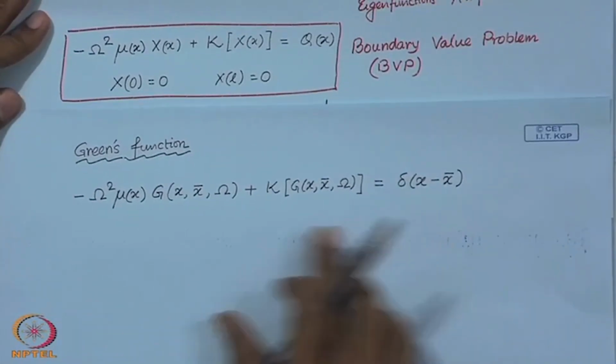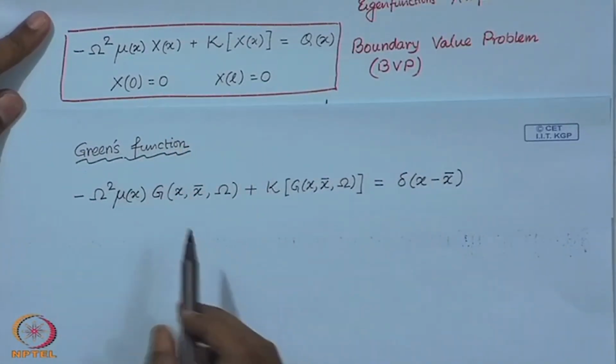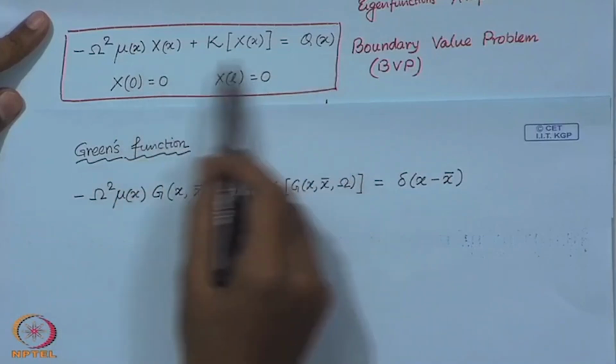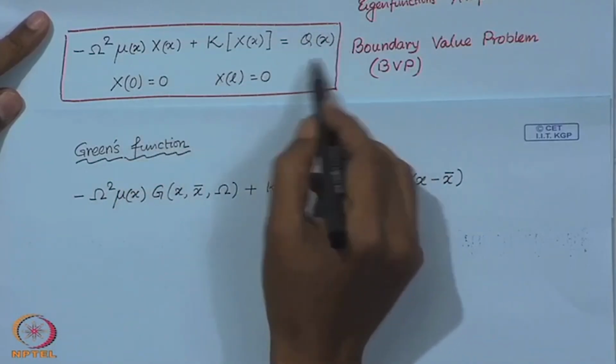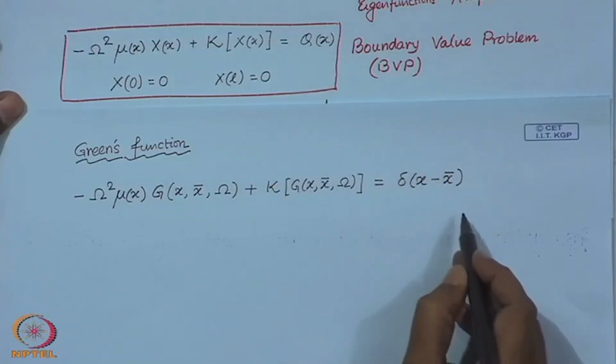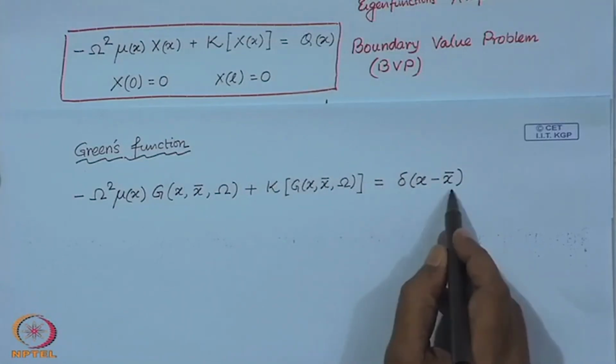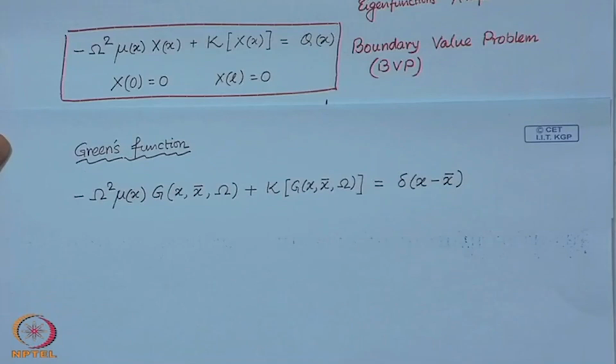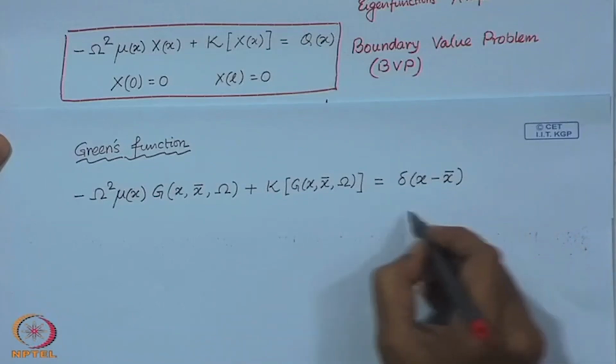So, the Green's function is a solution of this differential equation with a very special form of q of x, which is the Dirac delta applied at x equal to x bar. So, this is the Dirac delta distribution.